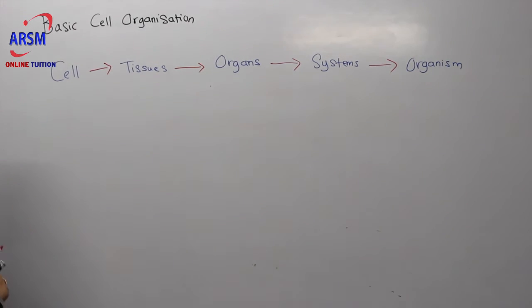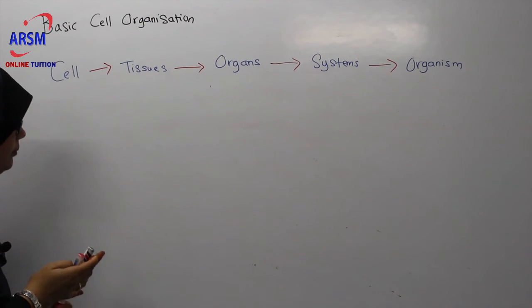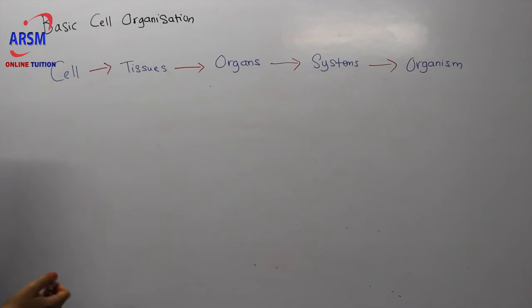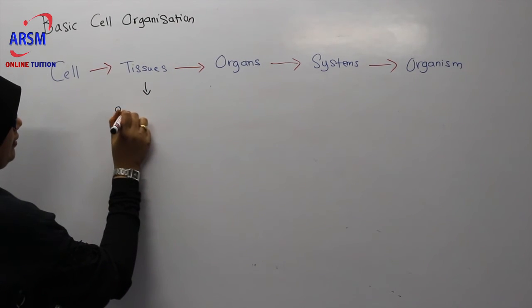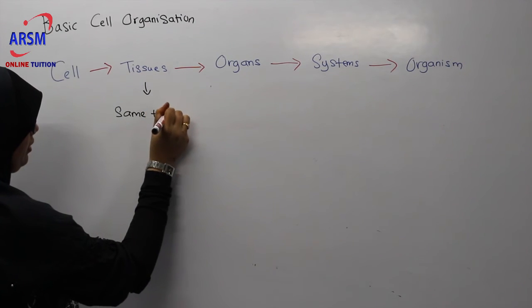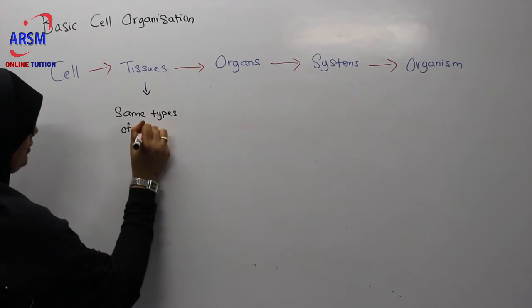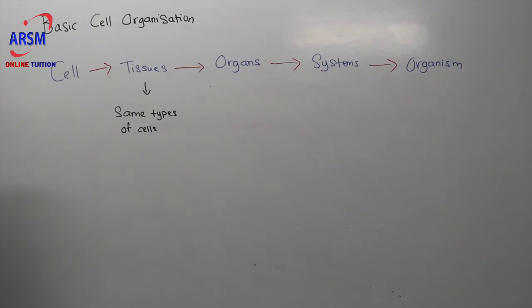Okay, cell, we know what the meaning of cell is basically, right? It's the structural, functional, basic thing of life. How about tissue? What is the meaning of tissue actually? Tissue means the same types of cells, they will produce tissues.